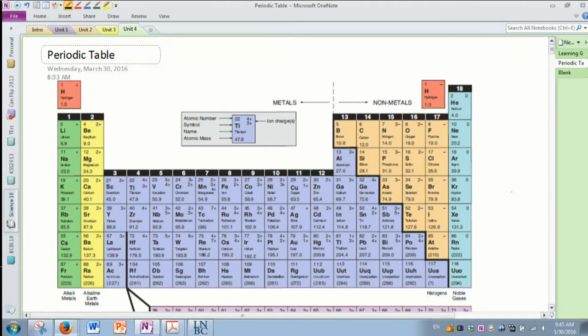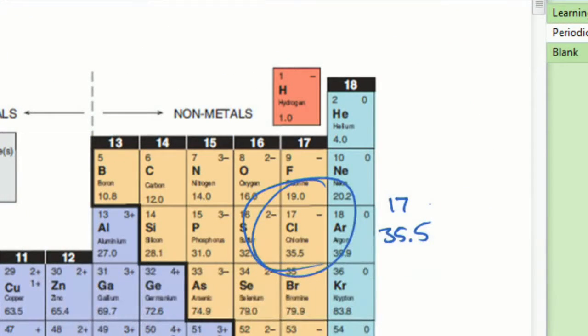All right, let's find chlorine first of all. Here it is, 17. That yellow doesn't show up very well. There we go. Element number 17, chlorine. The atomic number is 17 and the mass is 35.5. And we're going to round that 35.5 to 36.